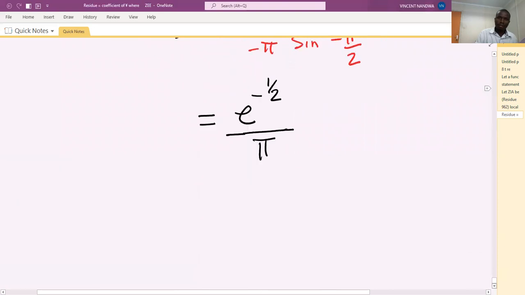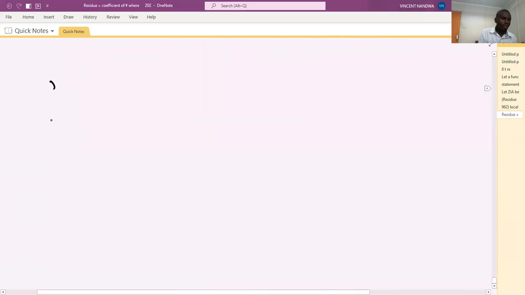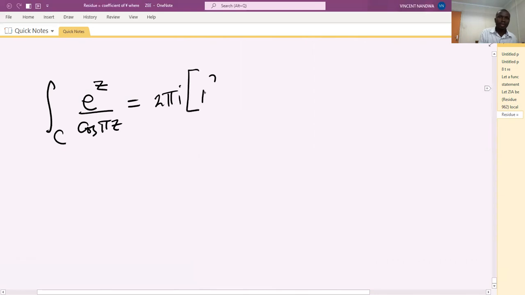So by the residue theorem, the integral along C of e raised to the power z over cosine of pi z will be 2 pi i times the residues of the function at plus and minus a half.